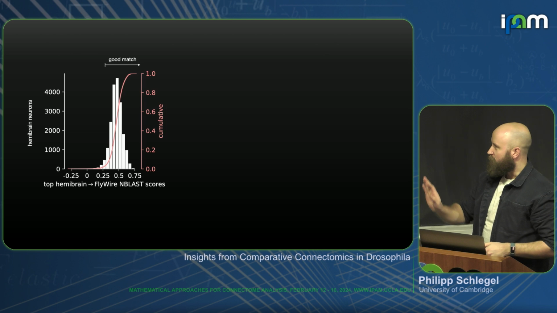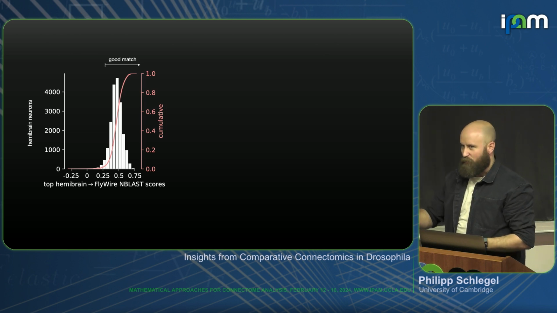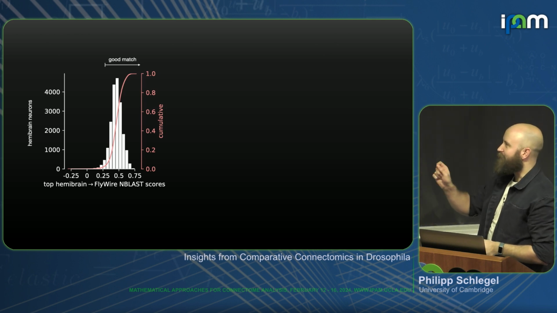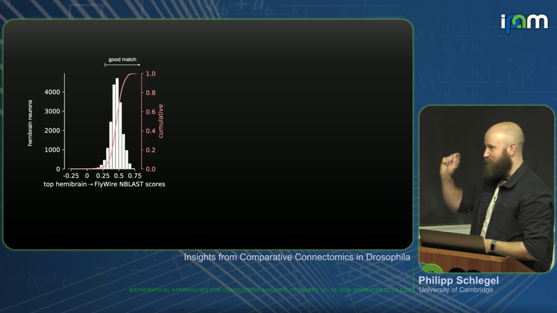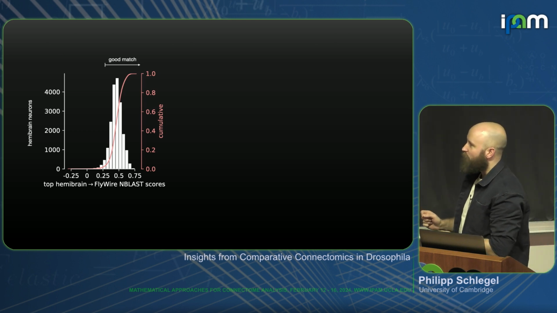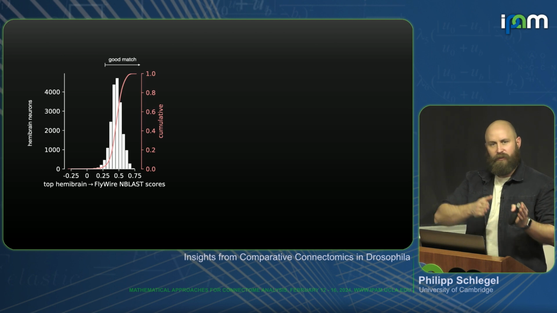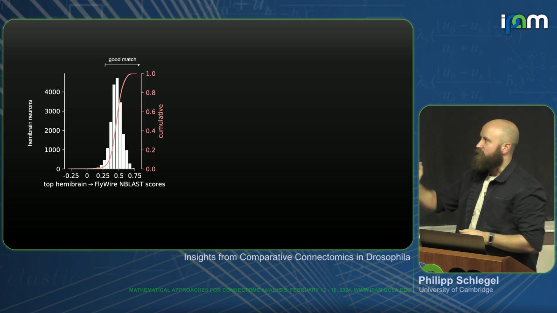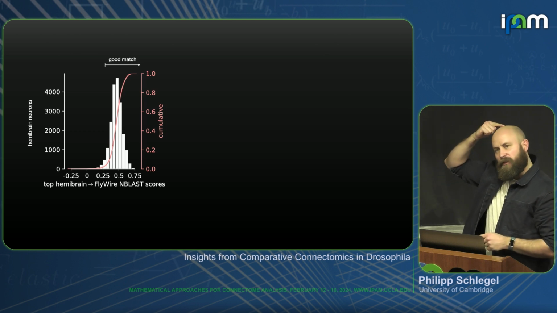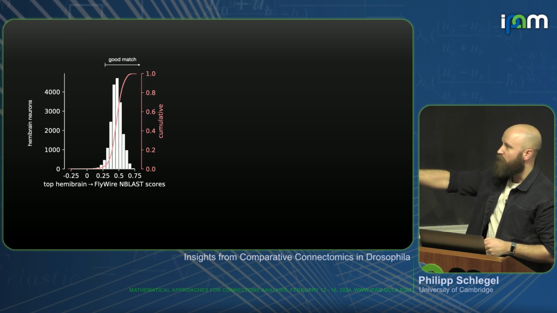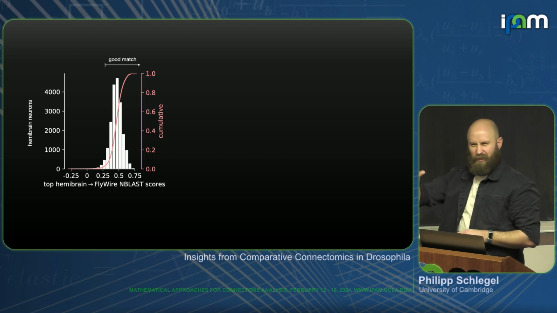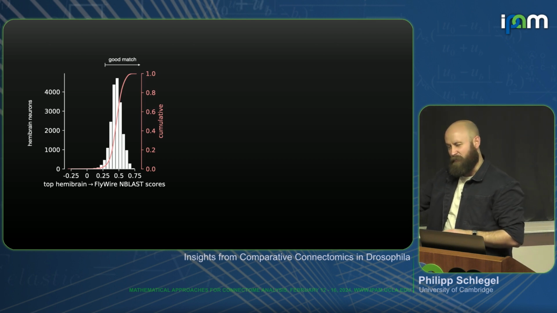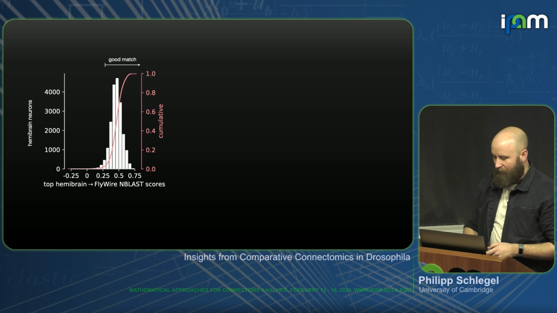Okay, I'm just going to briefly mention this because I think it's an important point, but I don't think I can make that point without giving you a bit of the data. What you see here is, for every single hemibrain neuron, the top NBLAST score in the FlyWire data set. The question is which of these are actually plausible hits? Empirically, we know that everything above 0.3 is probably decent, and everything above 0.5 is a safe bet.